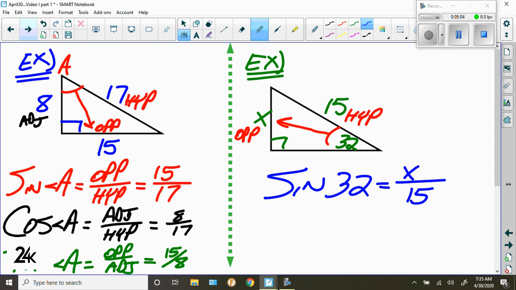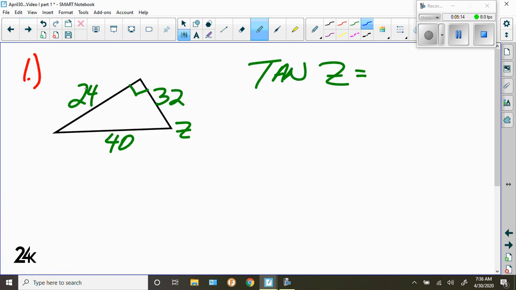All right, let's roll. I want to do the odds with you, and then I want you guys to do the evens 2 through 12, okay, today. Here we go. Stick with me. Now, this guy says find the tangent of angle Z. Well, here's Z, so I draw an arc and an angle, and I say opposite. Here's the box, so that's hypotenuse, and then that's the ADJ.